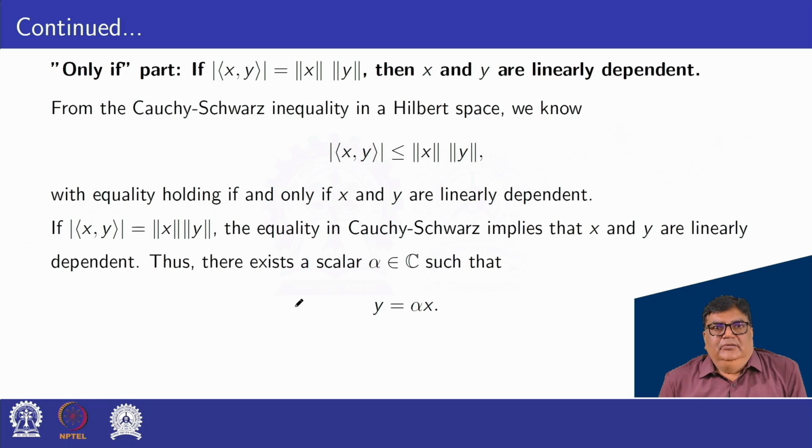Because here modulus of the inner product of x, y, putting y equal to alpha x, is mod alpha into norm x square, and norm of y is mod alpha norm x, so the product is mod alpha into norm x square.